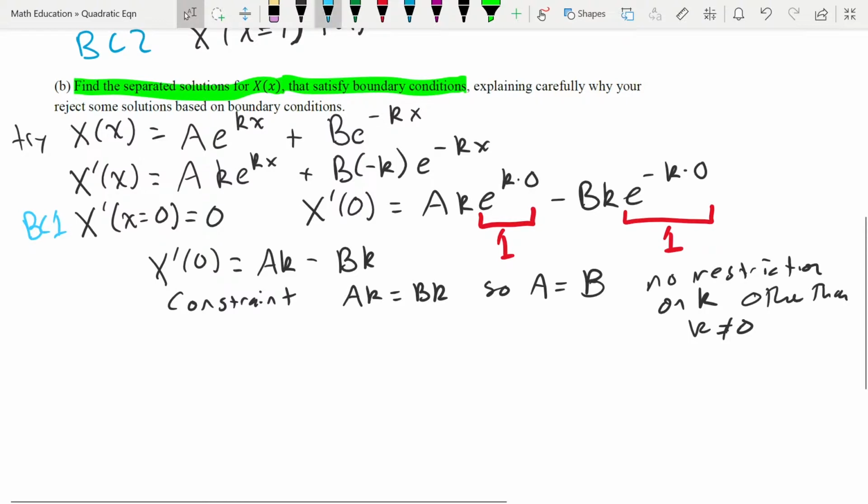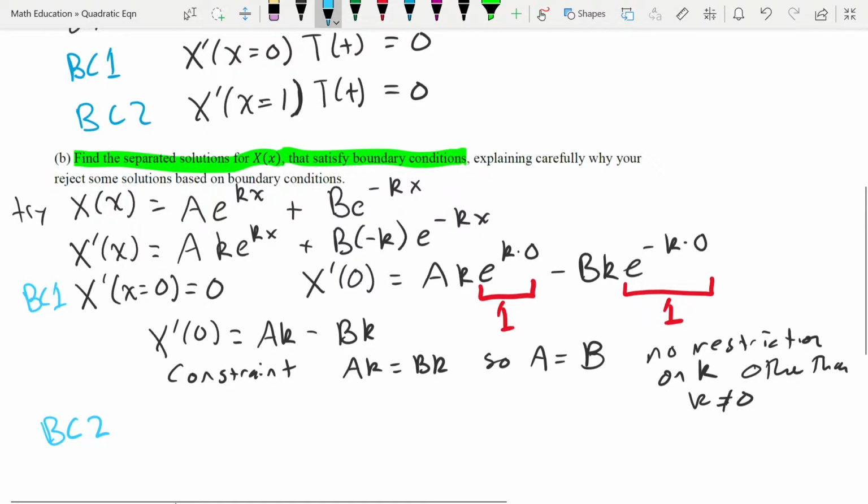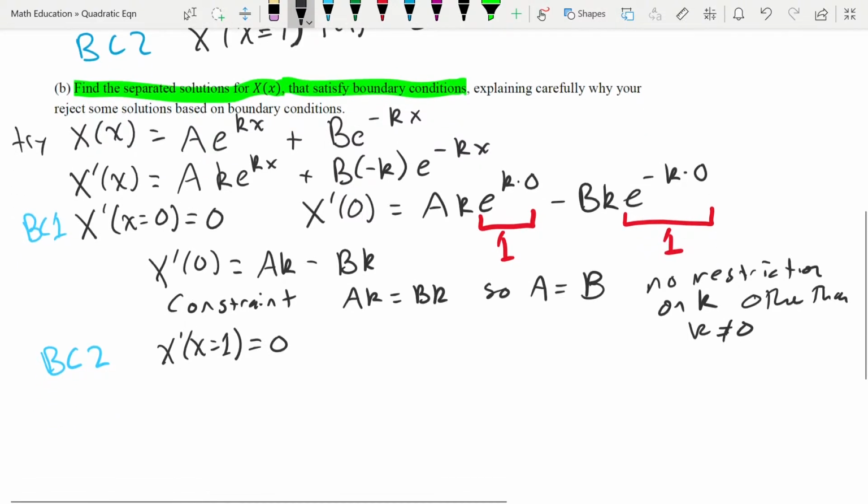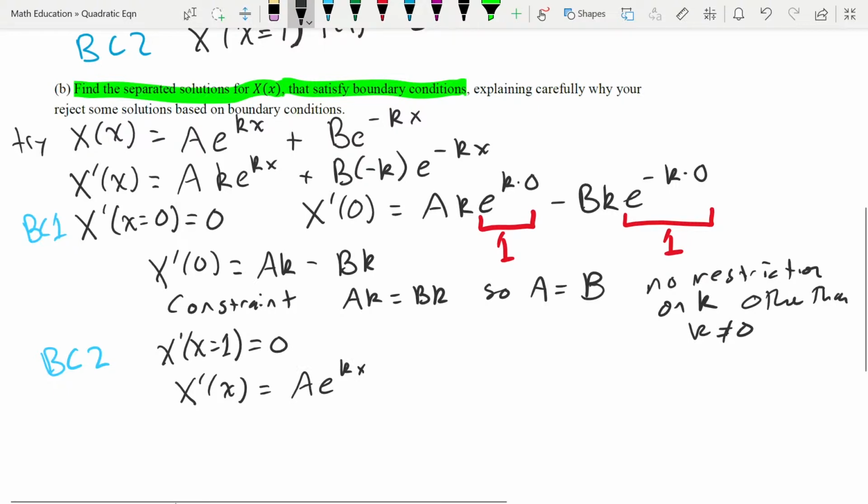So now we've got boundary condition 2, which from up here was that X prime at x equal to 1 was also equal to 0. So now we can use the simplified form of X prime of x, given that a is equal to b, to say that we've got a e to the kx plus b.